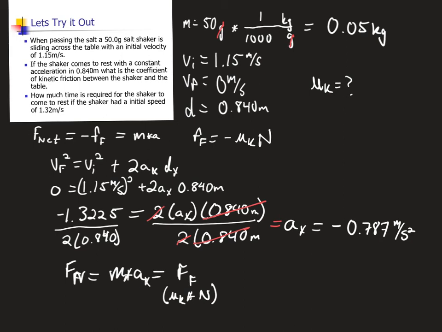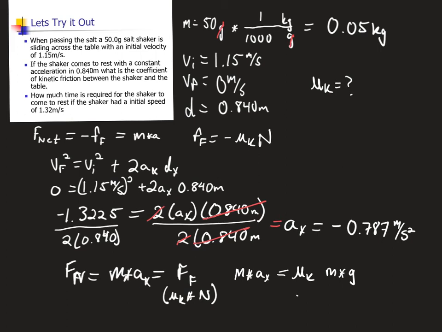And so now I have mass times acceleration in the x is equal to mu sub k times the normal force, and then we know the normal force and the weight are very similar, so that would be mass times gravity.